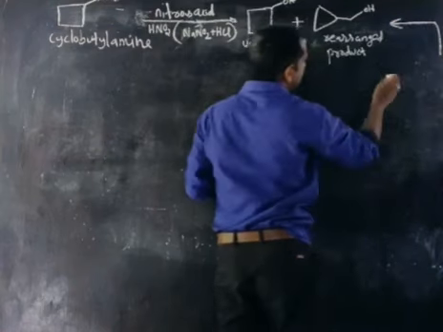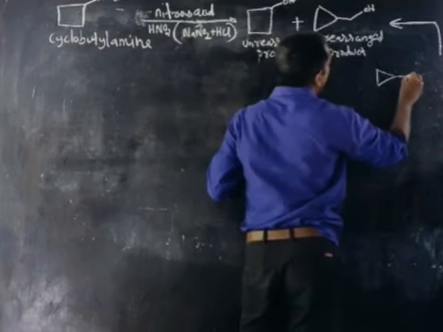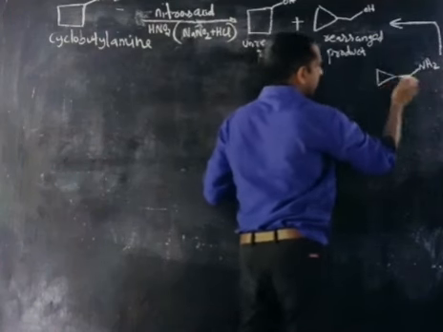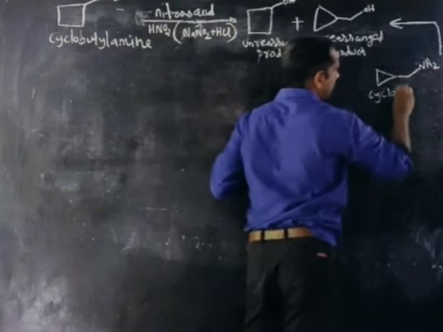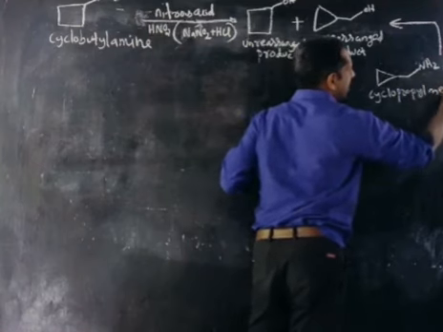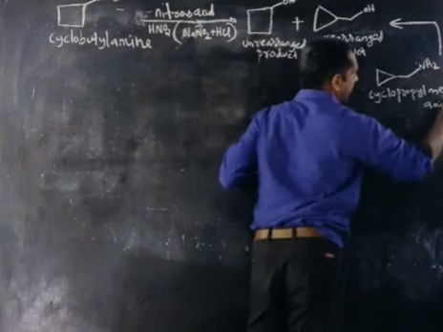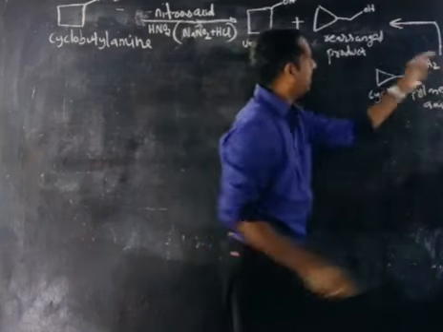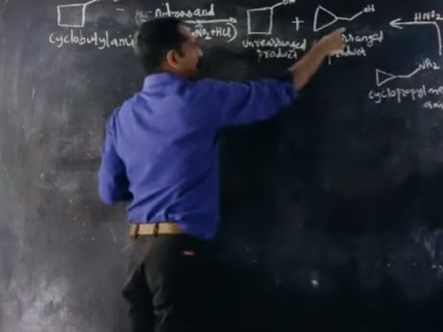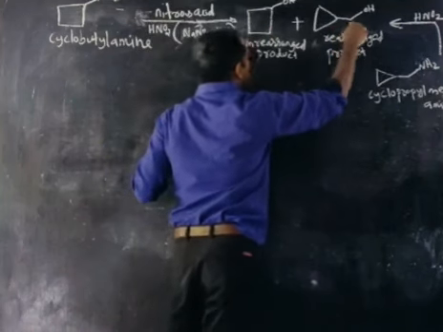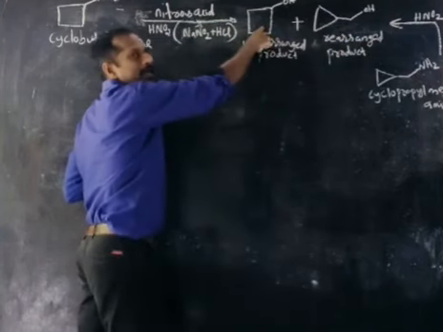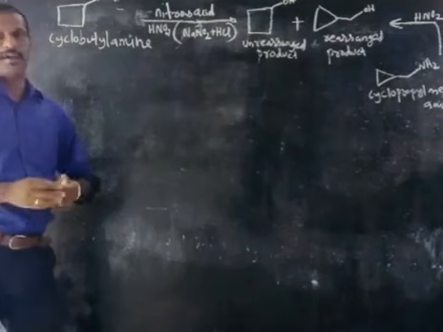If this is the starting compound, what I am taking is NH2. If you go this way, what is the name of this compound? Cyclopropyl methyl amine. When cyclopropyl methyl amine again reacts with nitrous acid, HNO2, this one will become an unrearranged product and a ring expanded rearranged product. This is an example of the Demjanov reaction.